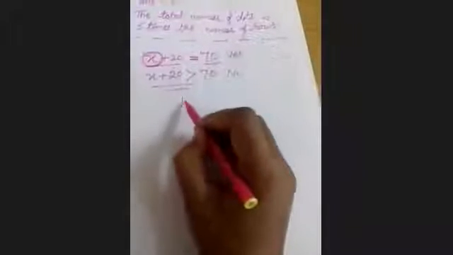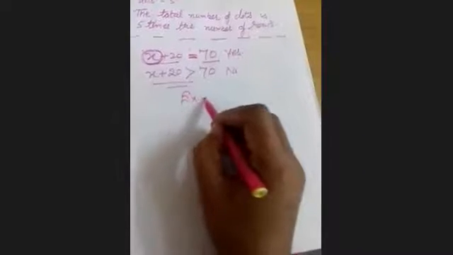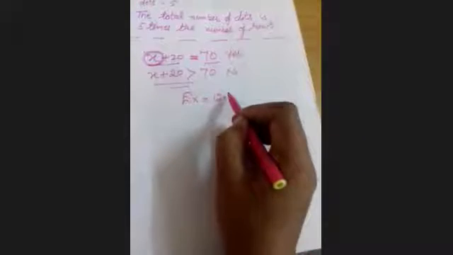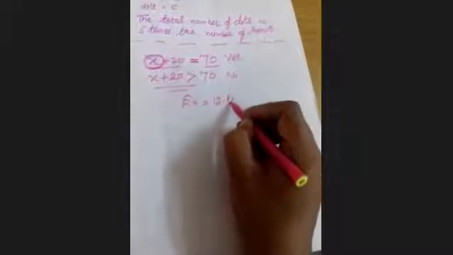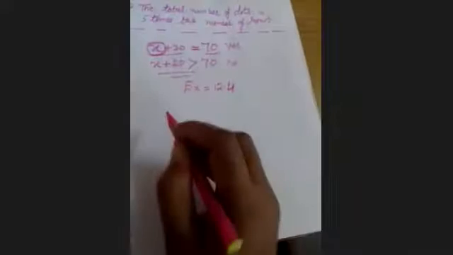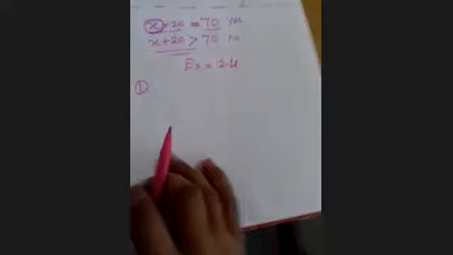Exercise 12.4. Your first question is, state which of the following are equations with a variable.